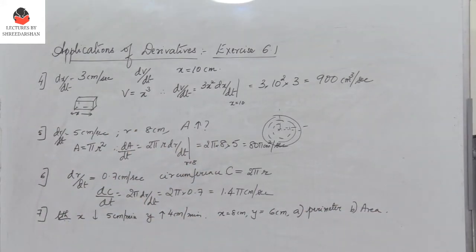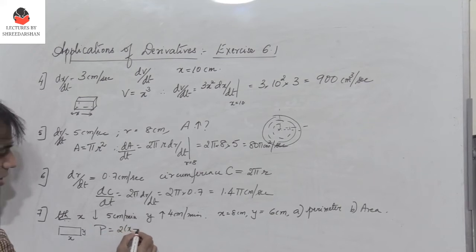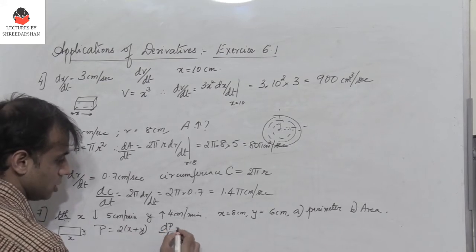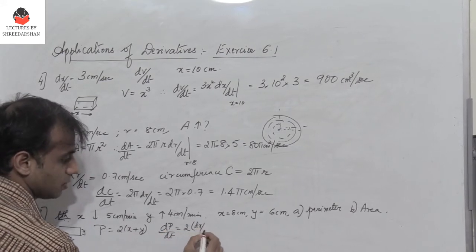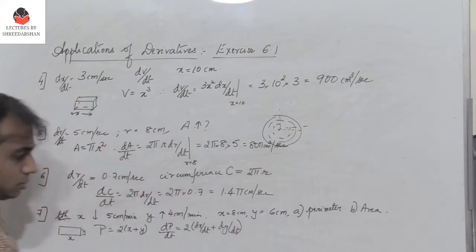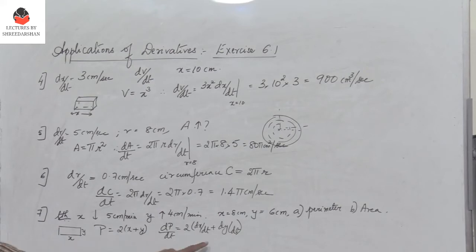Okay, so what is the perimeter? This is a rectangle, so this is x and this is y. So perimeter is 2 times (x plus y). Therefore dP/dt equals 2 times (dx/dt plus dy/dt). So I am differentiating x and y with respect to t.